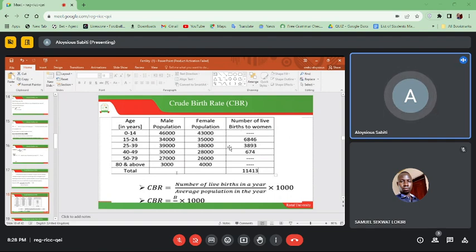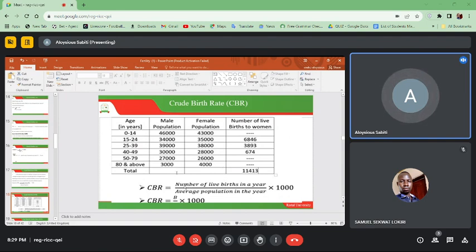Most especially, there are more births to women in the ages 15 to 24 in this 10-year cohort. From the ages 50 to 100, again there are no live births because it is expected that these women have reached menopause and cannot conceive.